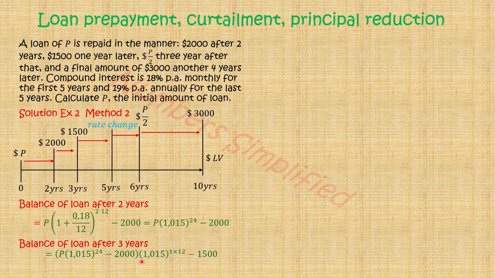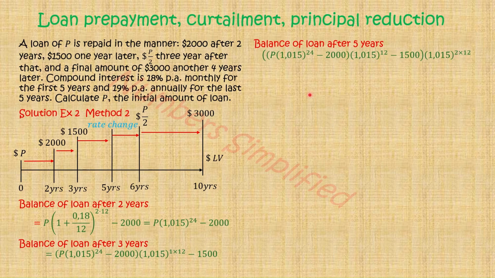loan. Right, so we see that in the 5th year, things change. The rate of change changes. So we need to calculate what the balance of the loan is up until the end of the 5th year, because beyond that, we would be using a different interest rate. So from year 3 to the end of year 5, that is equivalent to 2 years.